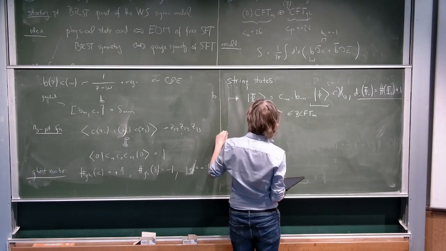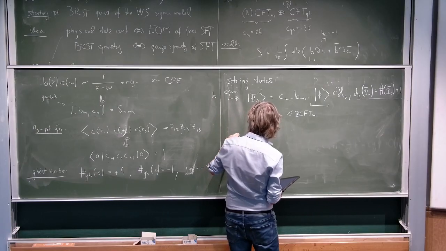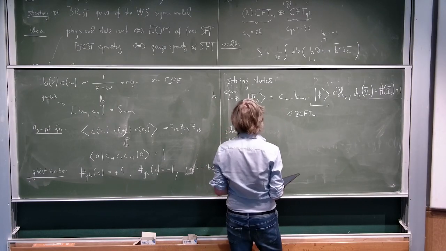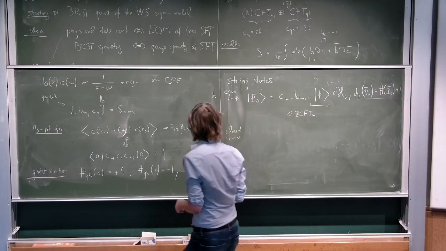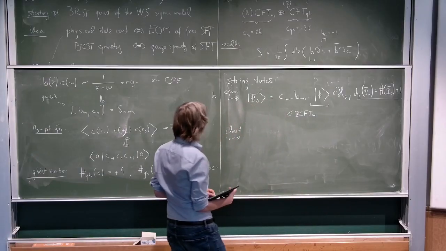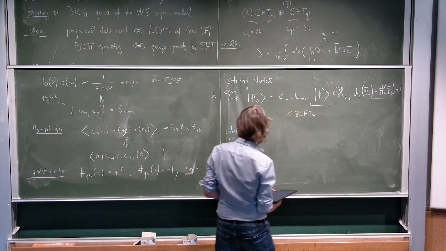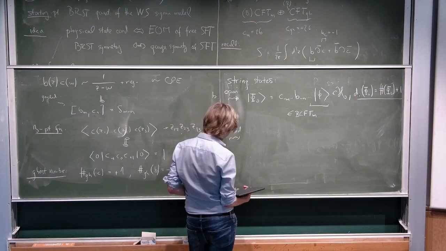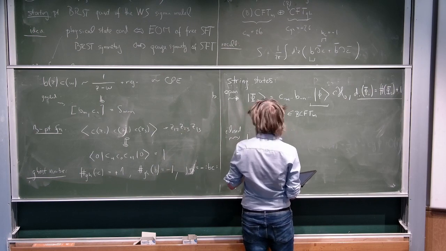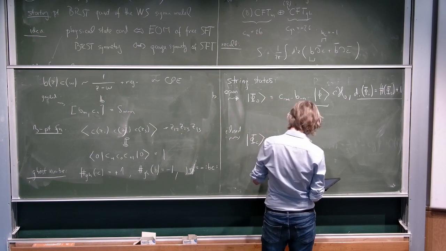Now for the closed strings, so this is open. For closed, you could say, okay, while the open string states are just formed from the holomorphic part of the BC ghost CFT and the BCFT matter, which is itself just holomorphic, then for the closed string let's just take 2 copies, holomorphic and anti-holomorphic, and that's that.